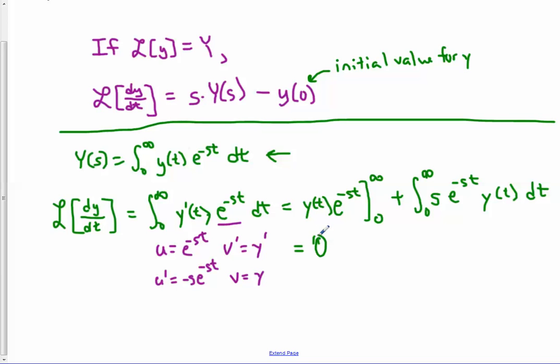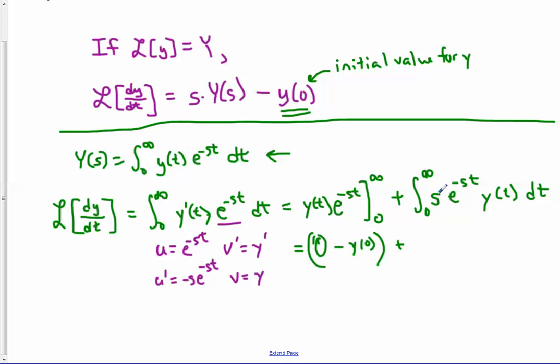And then when we plug in 0, I get y of 0 times 1. Plus, by the way, there's the minus y of 0. That's the second part of our rule. So we've already gotten that part. So let's see if this guy turns into the first part.